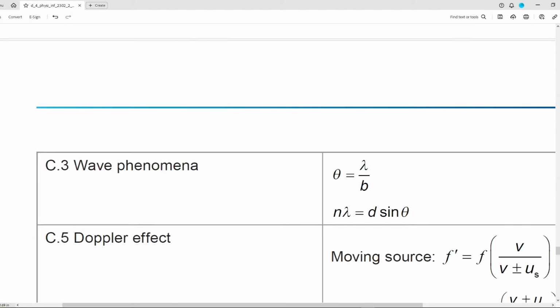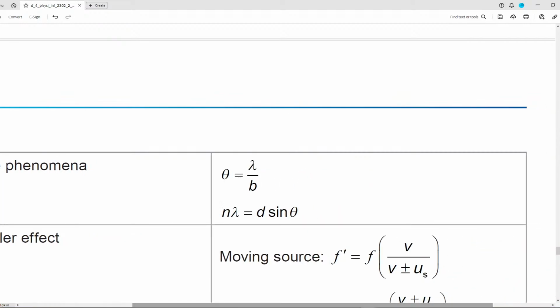Now, if we want a general formula, we have to account for a few things. First, diffraction will also occur with only one slit, and that's the first formula you see over here. This is called single slit diffraction, because the diffraction results can be seen already in a single slit.